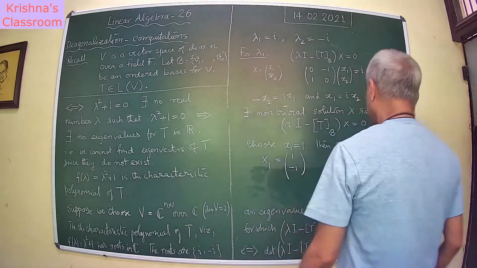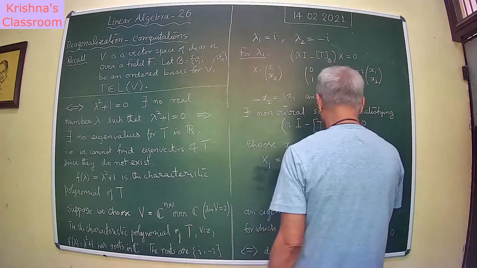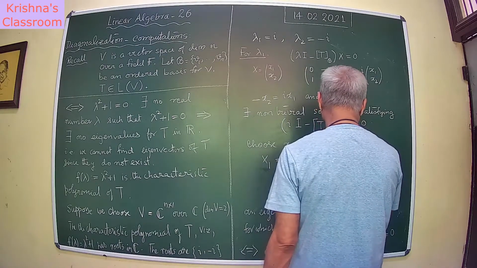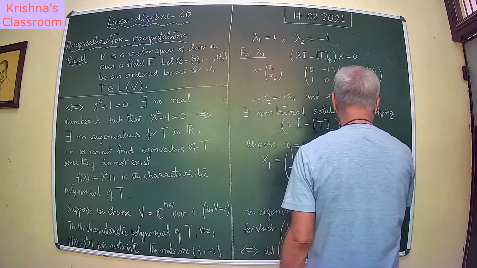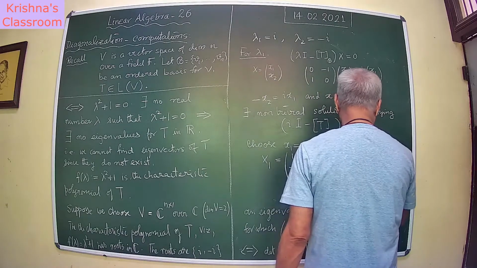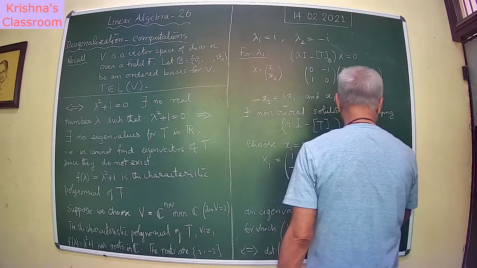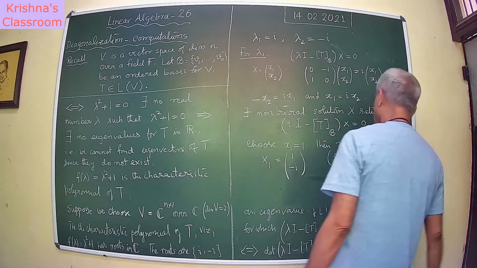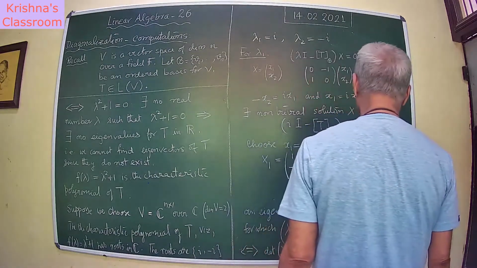So we have the property that I minus, or PB x1 equal to x1.